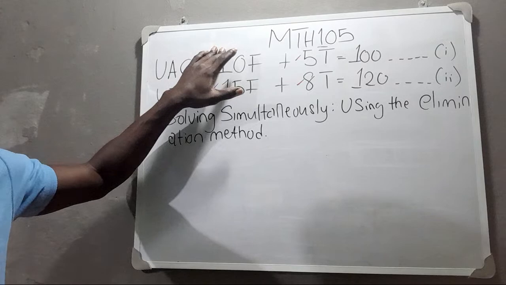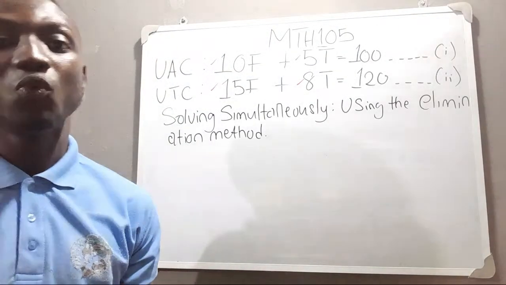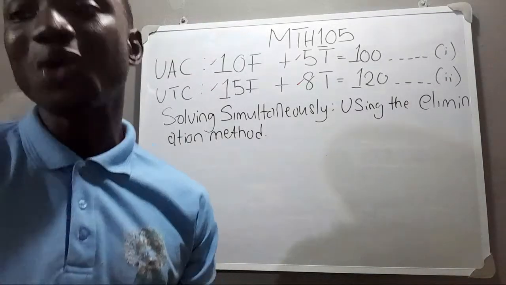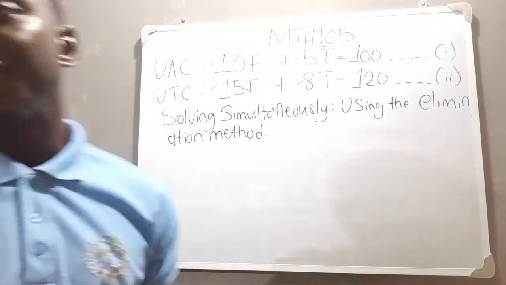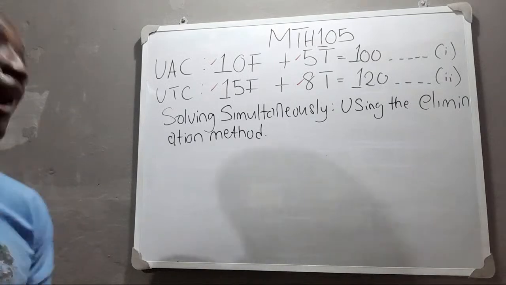This is just one method out of several other methods. But what has to be done is that you have to prove how you arrive at your answer. In this case, we are going to divide equation 1 by 5, then multiply it by 8.